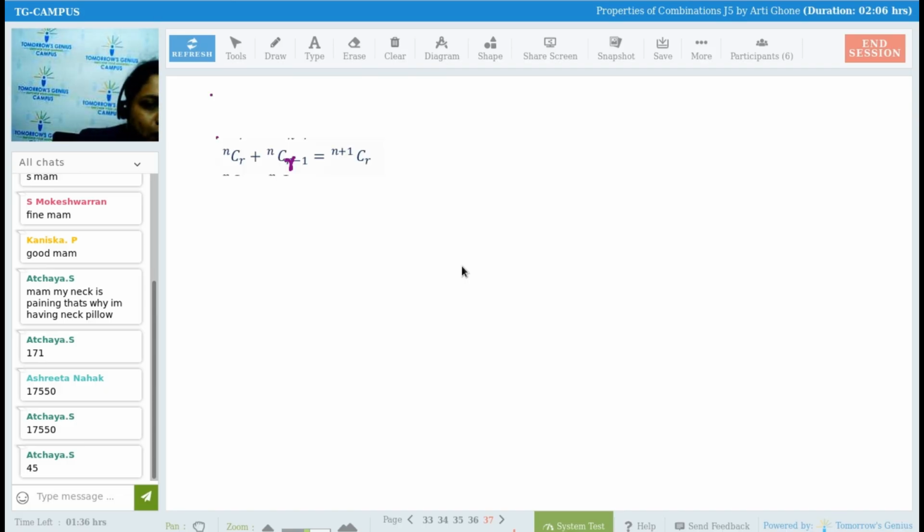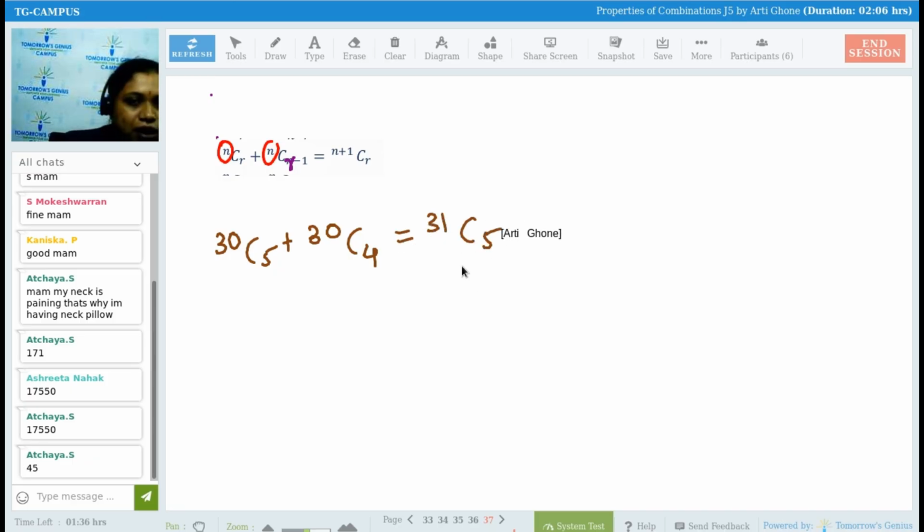nCr and nC(r minus 1) means what? The first observation must be that both are following the same n. Okay. So if I take 30C5 plus 30C4, instead of solving these two combinations and then adding, we can directly write this equal to 31C5. Completely clear.